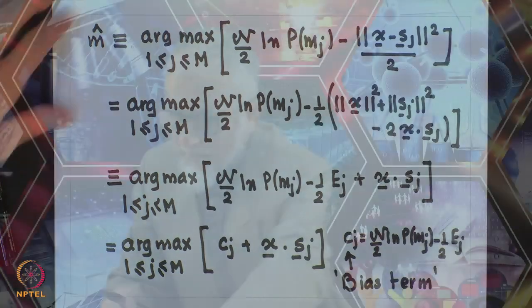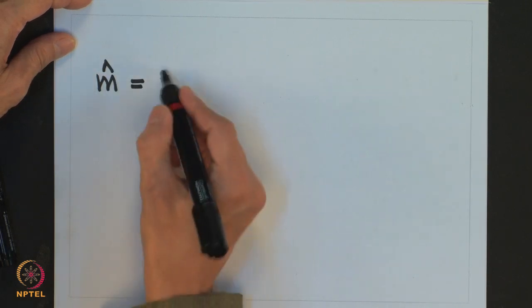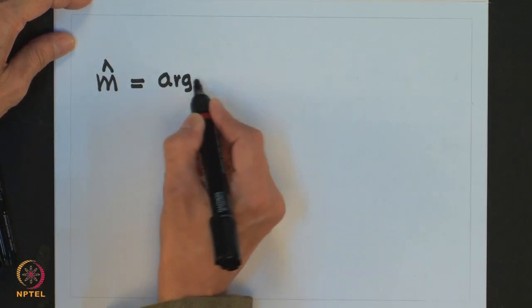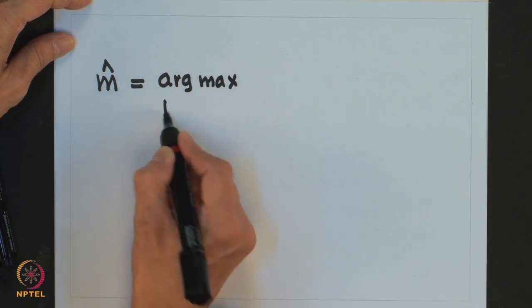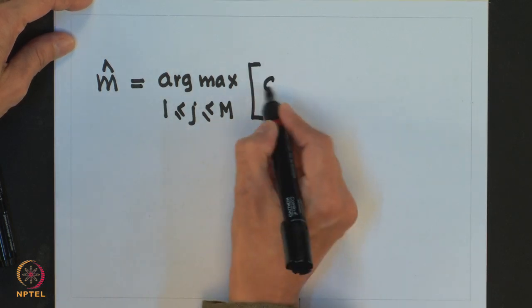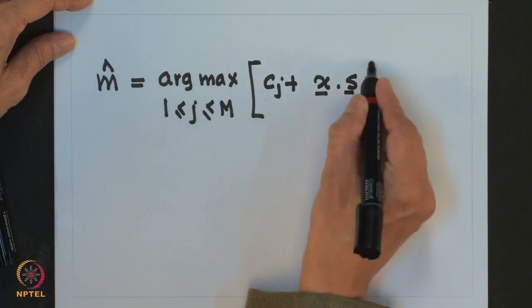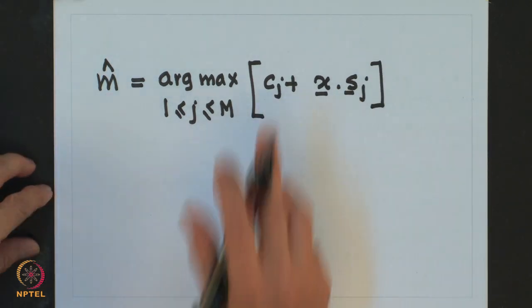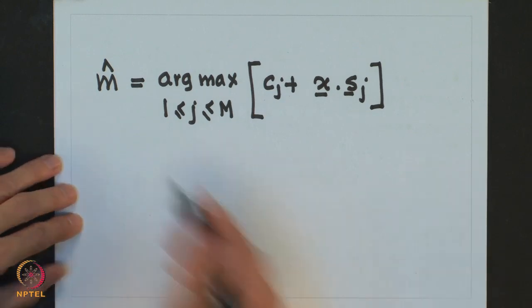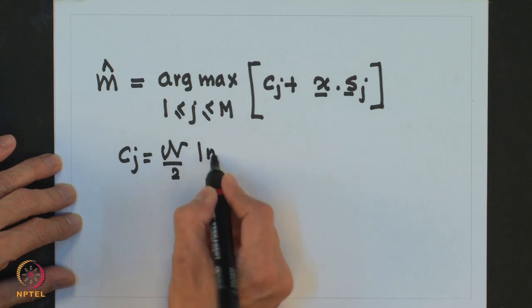So, my MAP decision rule for the additive white Gaussian noise vector channel turns out to be the following. Where Cj is the bias term and is given as follows.